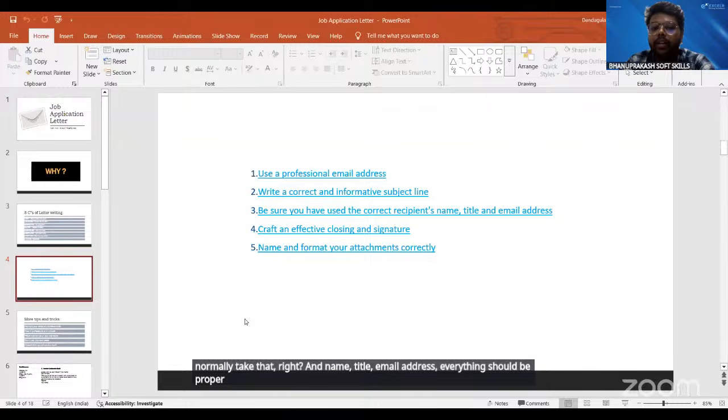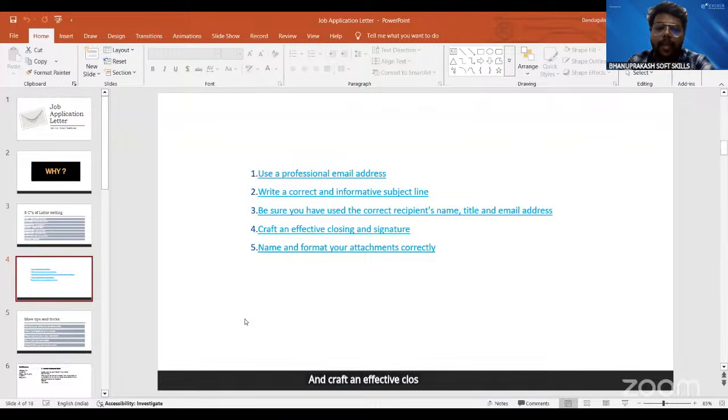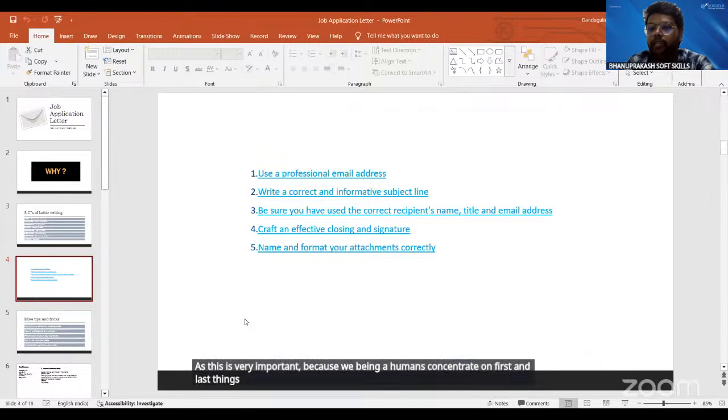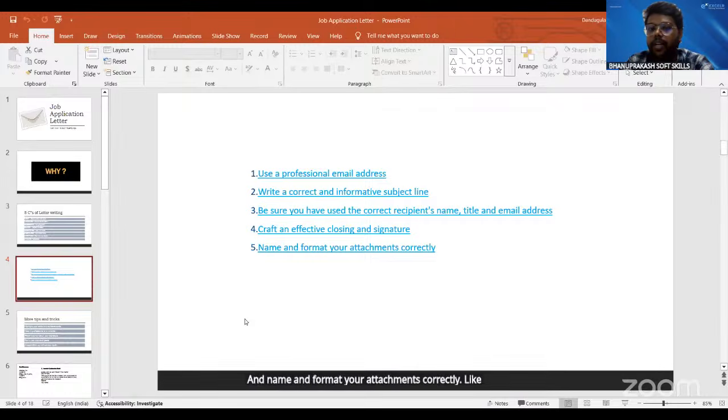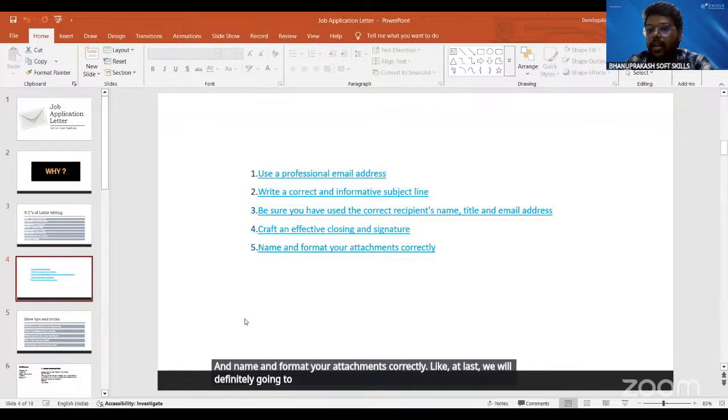And craft an effective closing and signature, as this is very important, because we, being humans, concentrate on the first and last things most, leaving the middle not much concentrated on. And name and format your attachments correctly. At last, we will definitely attach some files, so you need to mention in the email message itself what you are trying to send, and you also need to rename the attachments properly.